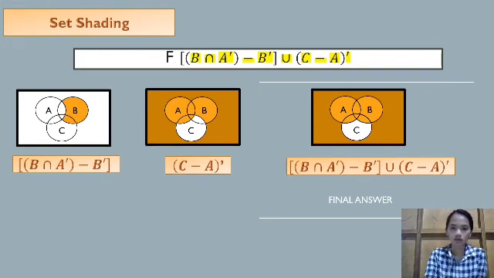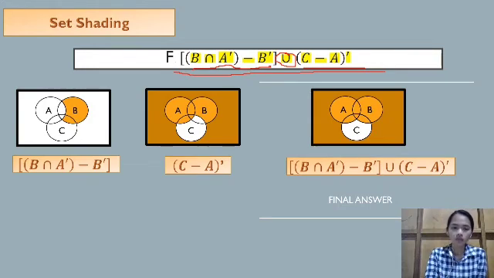And then we have B intersection of A prime minus B prime and we have C minus A prime, so that we can perform the set problem in its entirety. We take the union of B intersection of A prime minus B prime and C minus A prime.